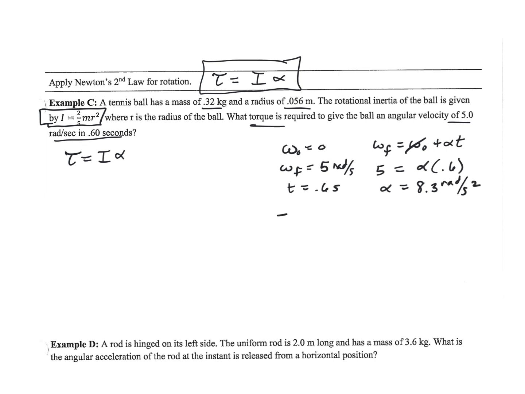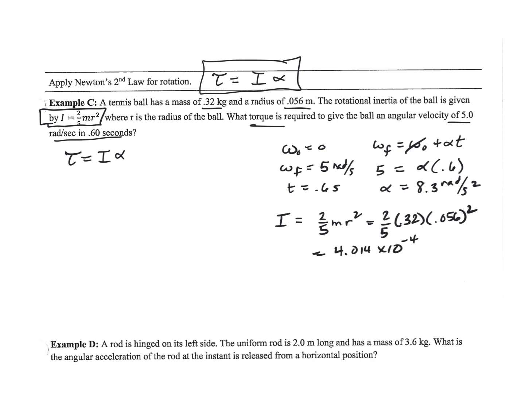We also need to calculate I. So I is going to be 2/5 mr squared, which is 2/5 times the mass, which is 0.32, times the radius, which is 0.056 squared. If I do that, I get 4.014 times 10 to the negative fourth.